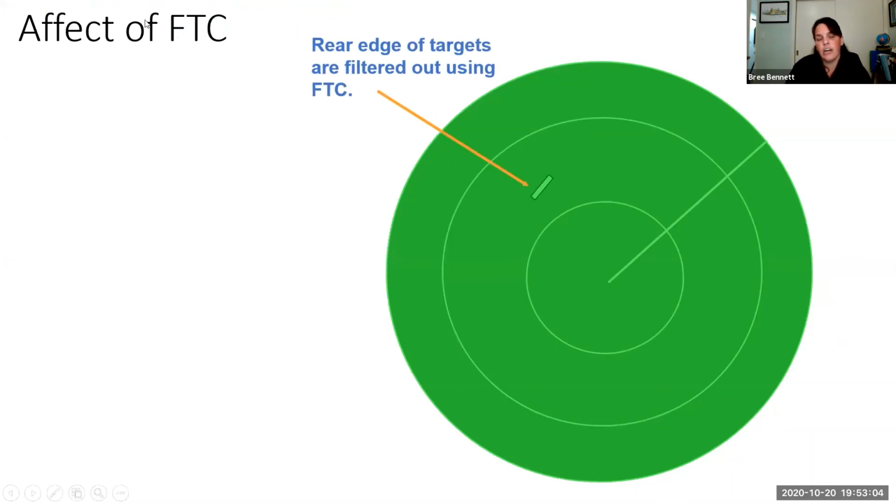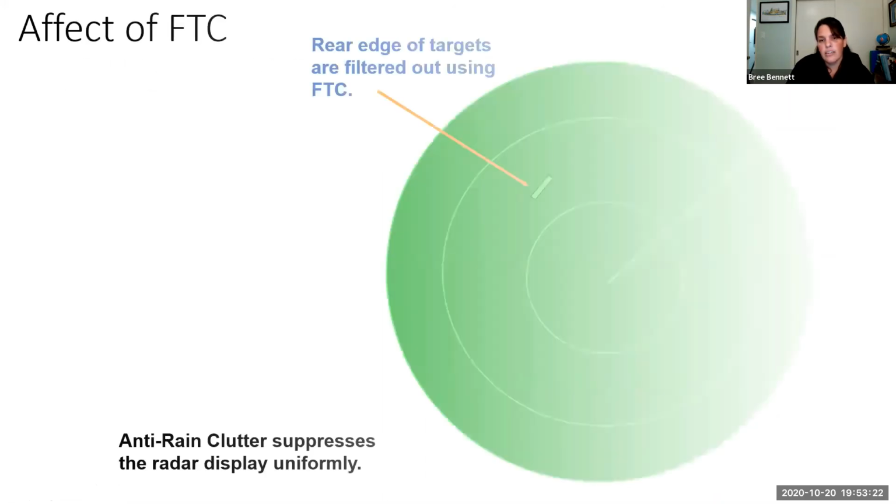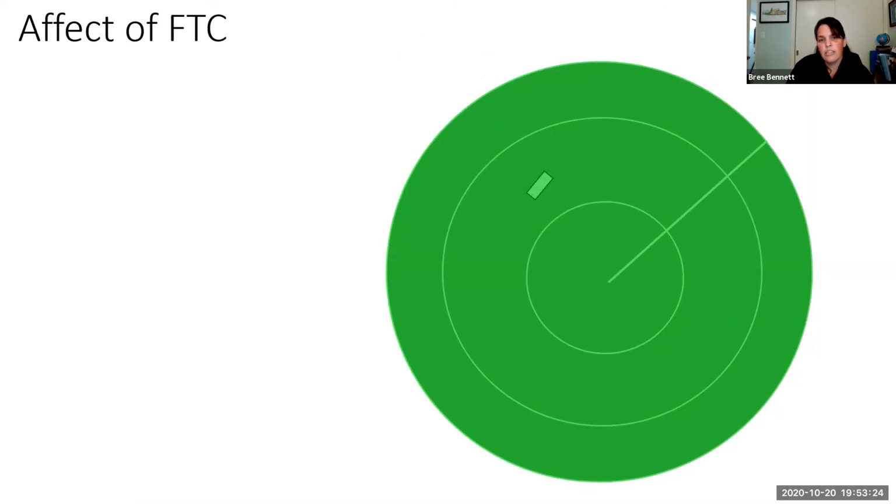Okay, so this is the effect of that rain clutter, which is also known as FTC. So we have a blip on the radar. Now, as we use the rain clutter, okay, didn't do it. I'm frustrated with this thing. There we go.